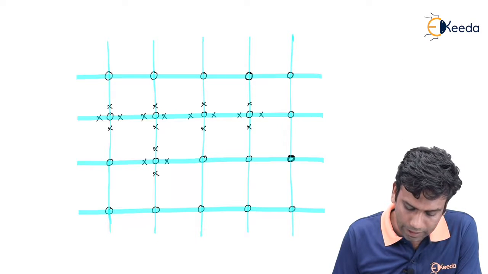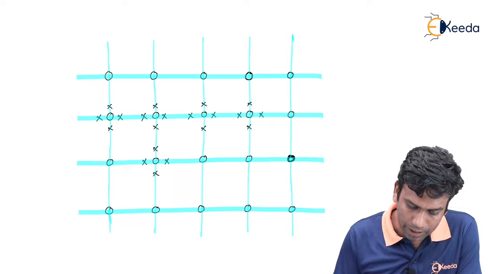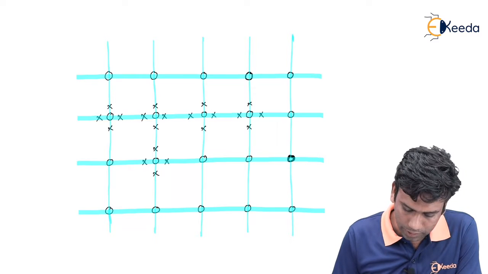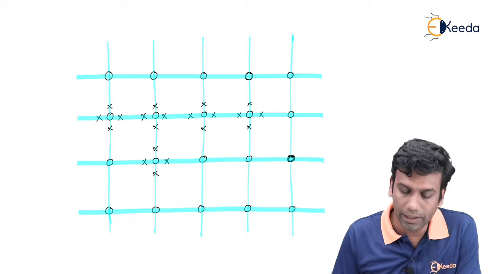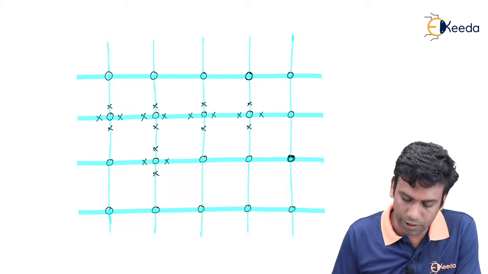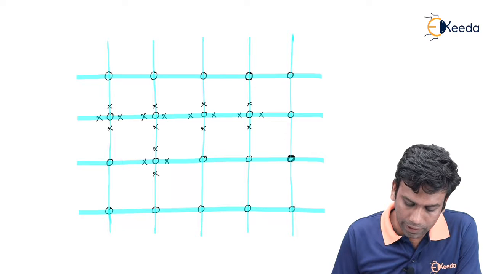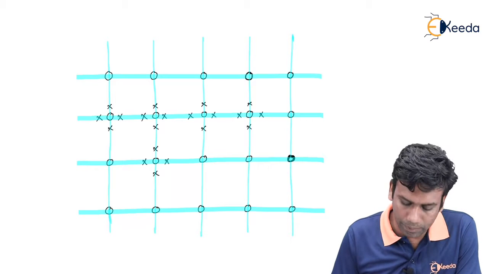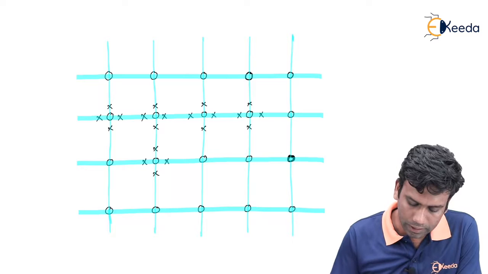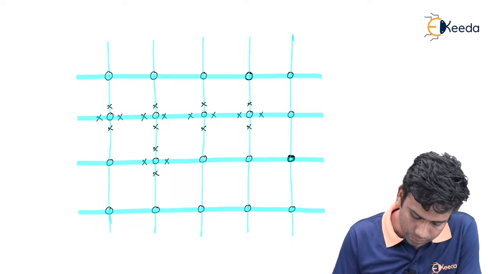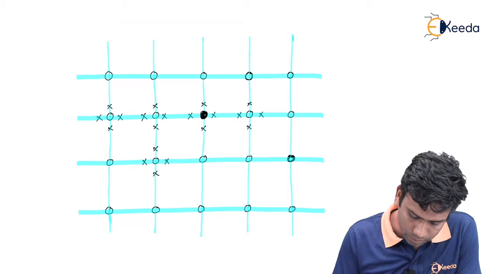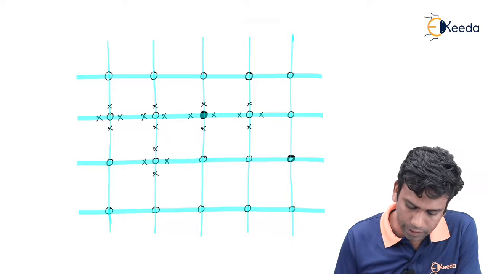Now let us assume that we have doped this semiconductor, silicon, with a group 5 impurity. If I dope this with a group 5 impurity, let us take that I have replaced this silicon atom by a phosphorus atom.